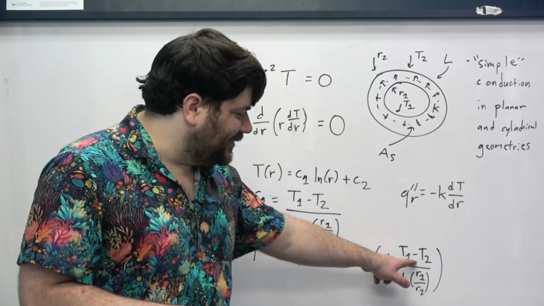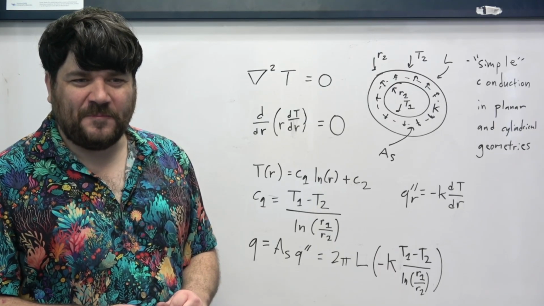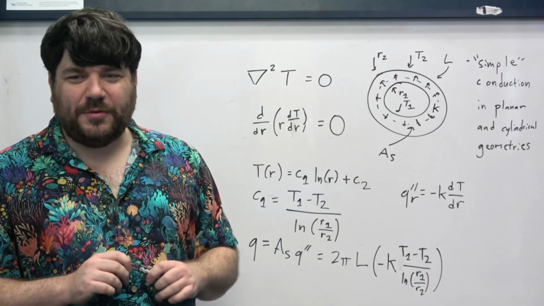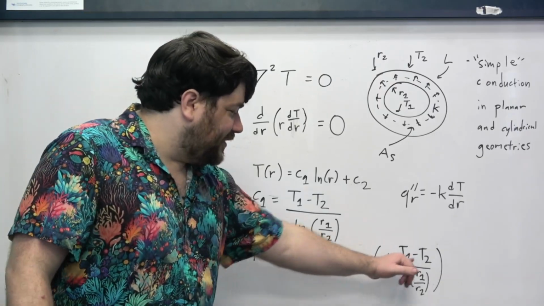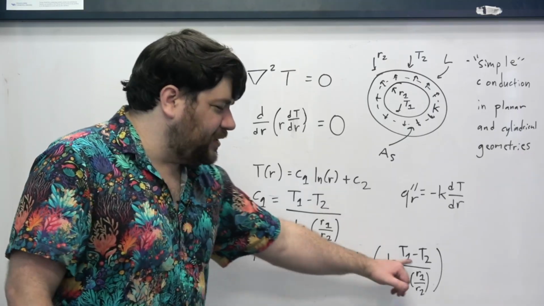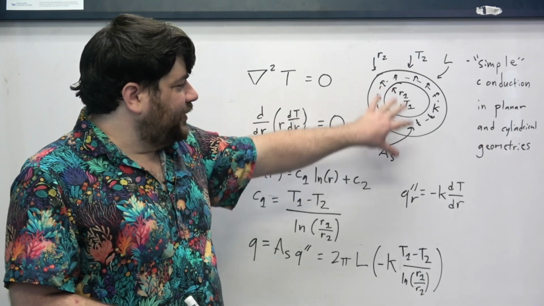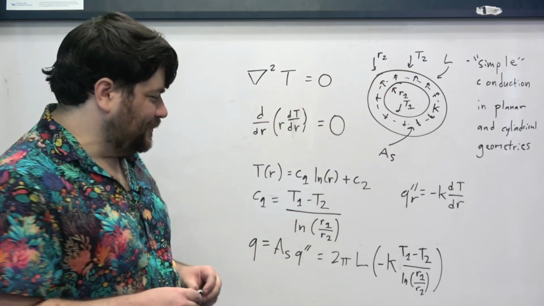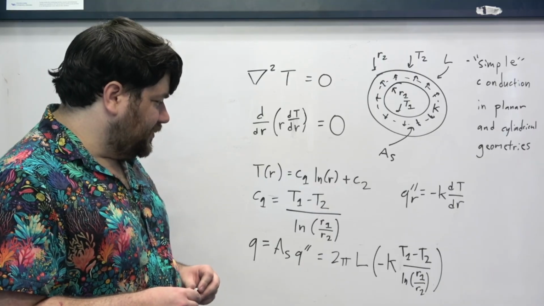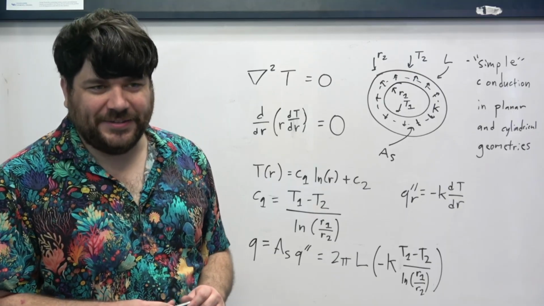Notice once again, it is proportional to a temperature difference, okay? So even though the equation is nasty and nonlinear, we still get that the heat transfer rate is proportional to a temperature difference between the 2 edges of the thing that we're studying. We also observe that it's proportional to k.